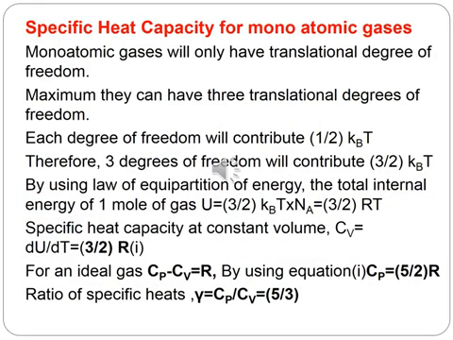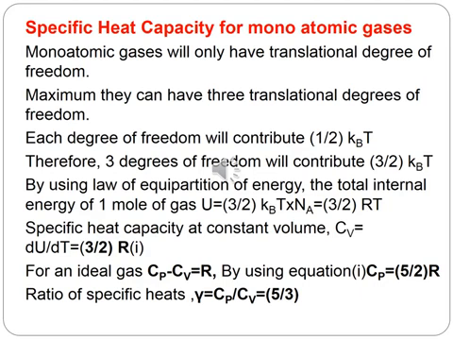The next topic I am going to discuss is specific heat capacity for monoatomic gases, diatomic gases and polyatomic gases. First, let's learn about specific heat capacity for monoatomic gases. You know, monoatomic gases will only have translational degrees of freedom.